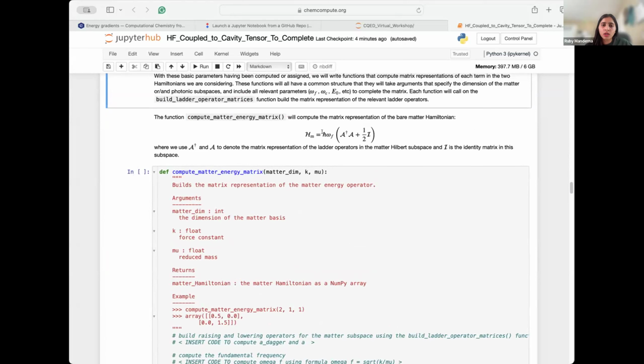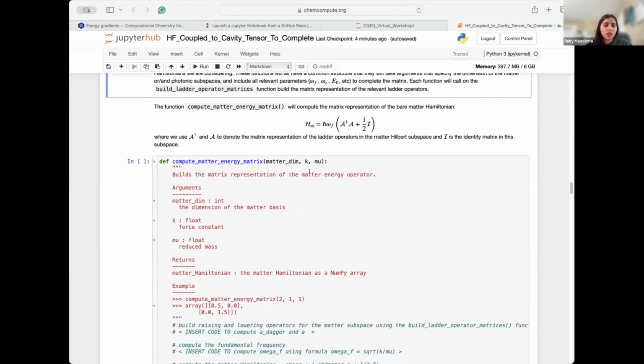So for this one, what we need is Planck's constant, fundamental frequency, and then we need the A dagger A operators and an identity matrix. So here we will write a function to compute the matter Hamiltonian term, and we'll name it compute matter energy matrix, and the parameters will be matter dimension, force constant, and reduced mass.